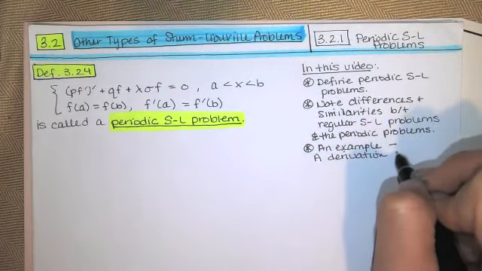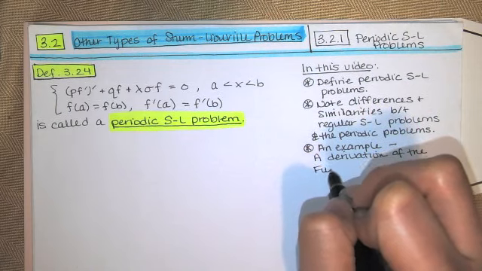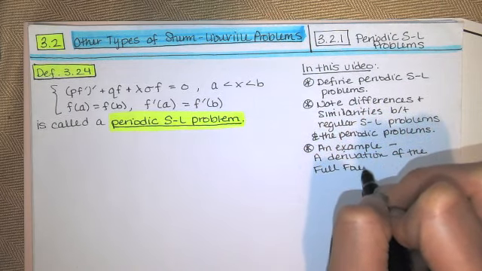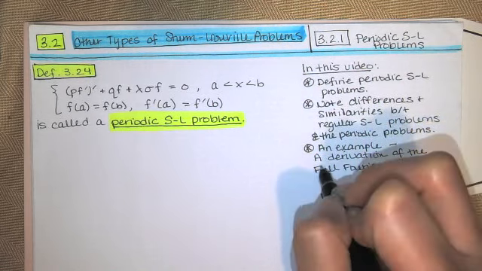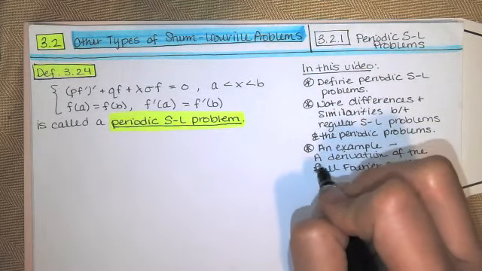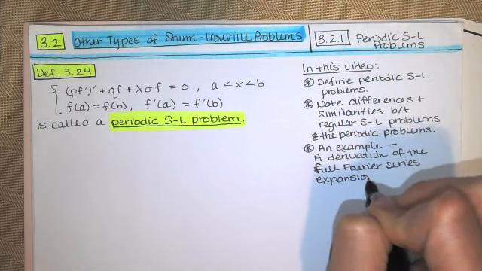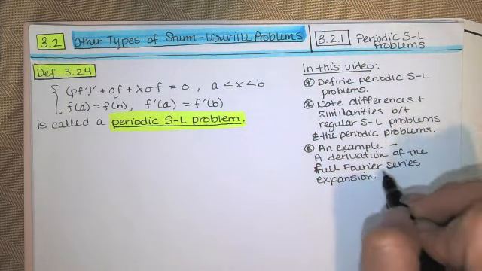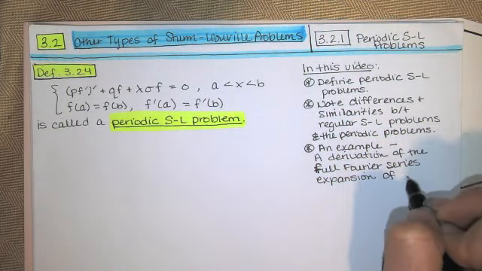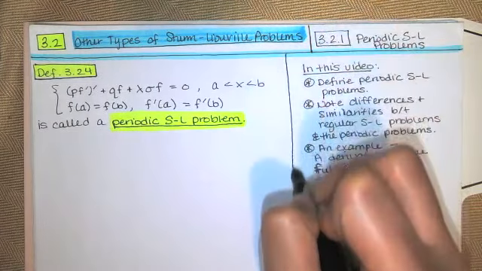So it's a derivation of the full Fourier series expansion of a piecewise smooth function U, defined on an interval from negative L to L. Okay, that's the plan.